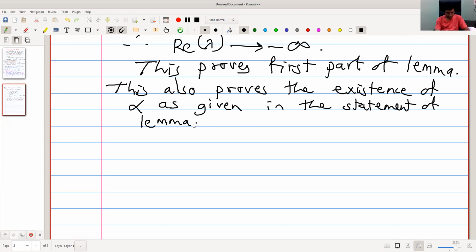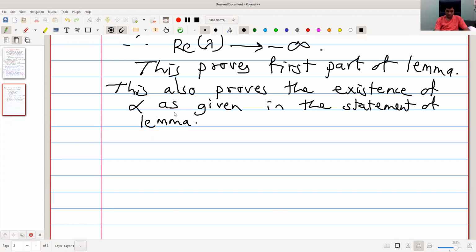Now one more thing regarding that vertical strip. Now we are going to use an important result from complex analysis. An entire function can have only a finite number of zeros in any compact set.